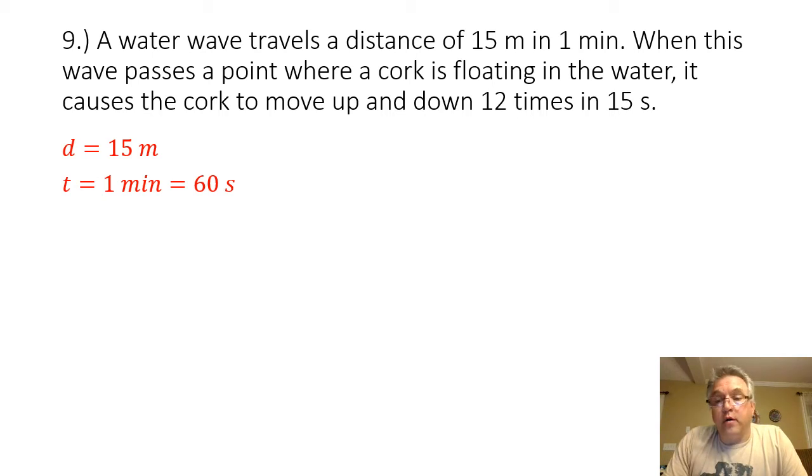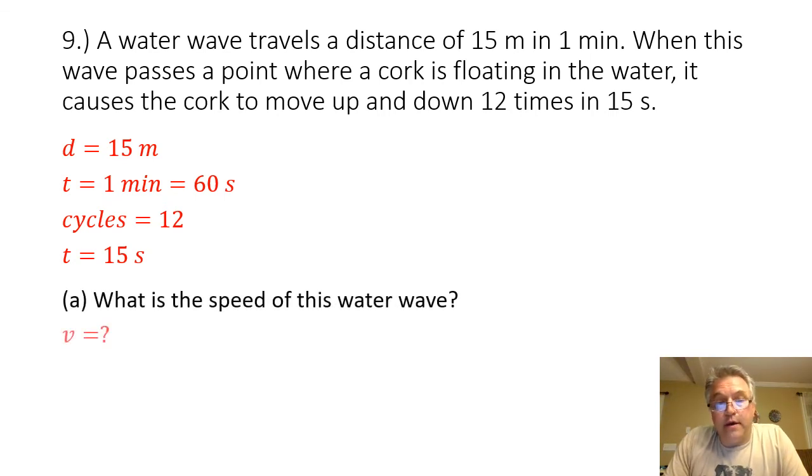When the cork bobs up in the water, it's going to bob up and down 12 times. So the number of cycles that it undergoes is 12, and the time it takes to undergo those 12 cycles is 15 seconds. The first thing they want us to find is the speed of that wave.